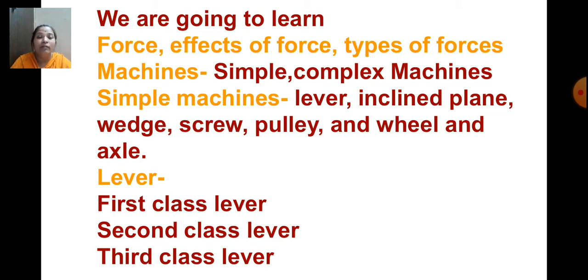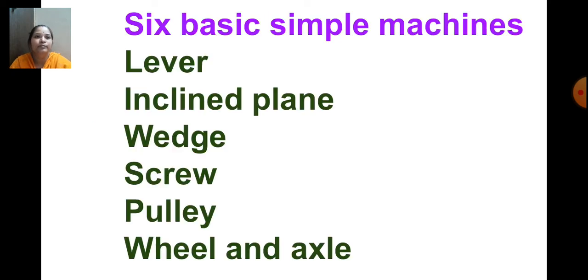And we also have the lever, and we have 3 types of levers, that is first class lever, second class lever and third class lever. Today in this session we are going to learn in detail about simple machines. Now the 6 basic simple machines are lever, inclined plane, wedge, screw, pulley, wheel and axle, right?